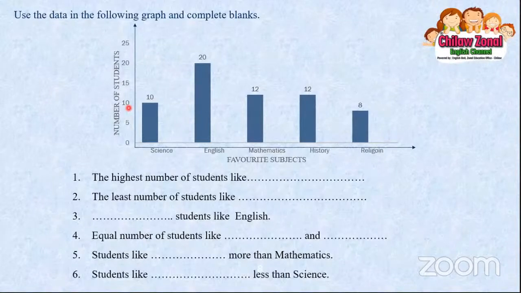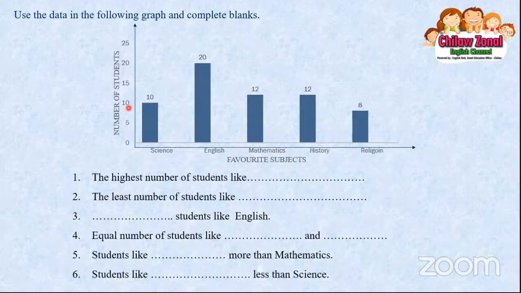You can see the number of students on the top of the bars also. First one, you can see 10 students like science, 20 students like English, 12 students like mathematics, 12 students like history, and 8 students like religion, right?